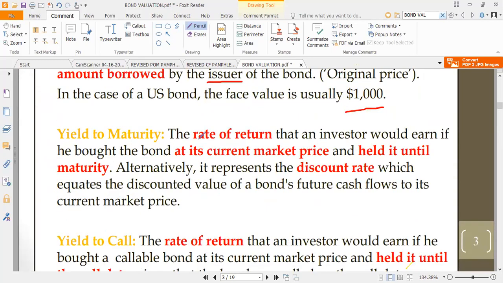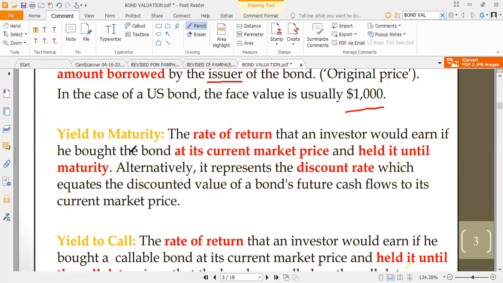Yield to maturity is simply the rate that the investor would earn if he bought the bond at its current market price. It is usually held until maturity. So the maturity period is actually the time from which the bond was issued to its maturity date.